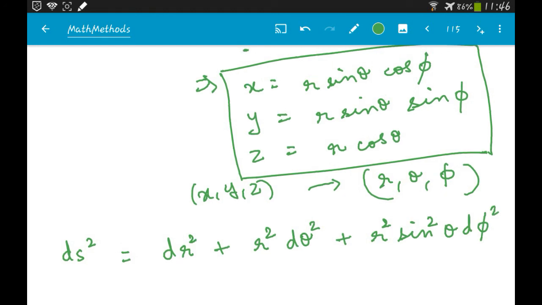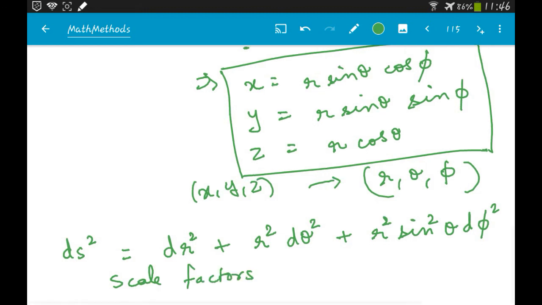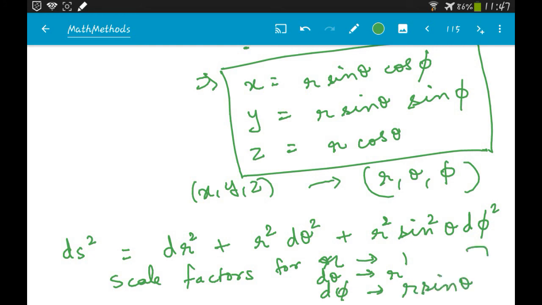Which means that the scale factors are 1 for r, r for d theta, and r sine theta for d phi. These are going to be your scale factors, and then you can get the other things.